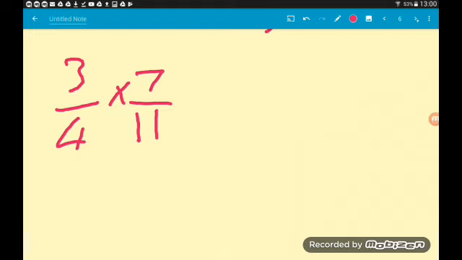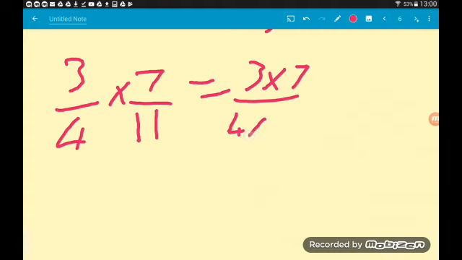So we multiply the tops: 3 times 7, and we multiply the bottoms: 4 times 11. 3 times 7 is 21. 4 times 11 is 44. That's all we can do. So that's how we multiply fractions by a whole number and by another fraction.